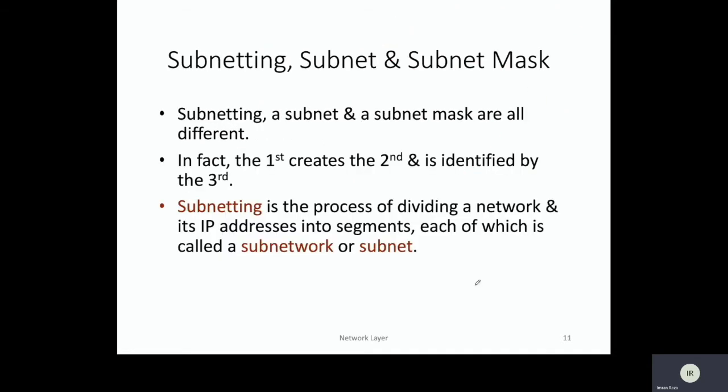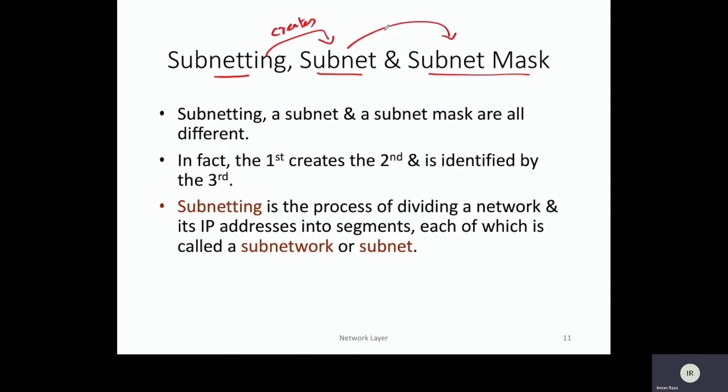Subnetting, subnet, and subnet mask are all different concepts, right? Subnetting is a process that creates subnets, and subnets are identified by subnet masks. So we can only identify a subnet if we have the subnet mask, right?